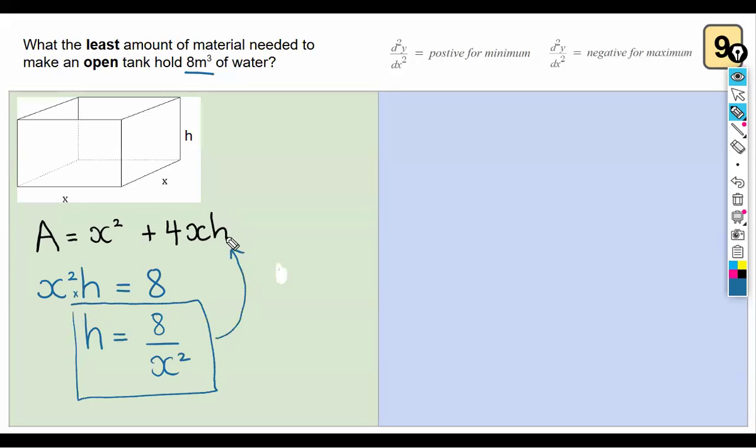Throw away Mr. H with 8 over x squared. Simplify, and you will get Mr. Smiley, the equation with only 2 types of letters. Take it from there. Substitute H into the first equation. Simplify, and everything should be straightforward from that point. Good luck.